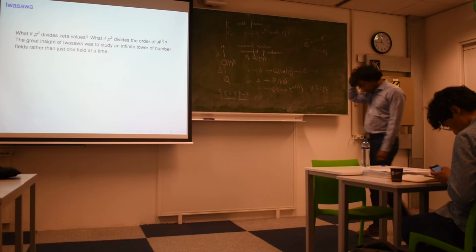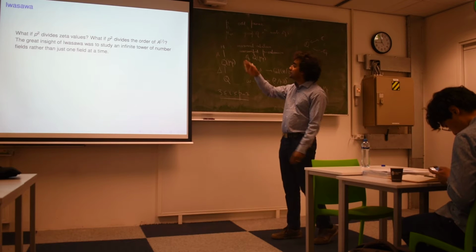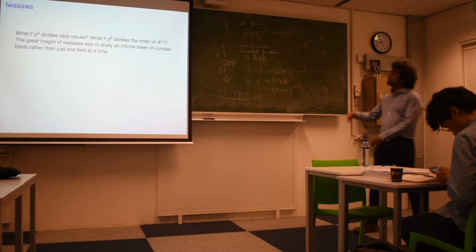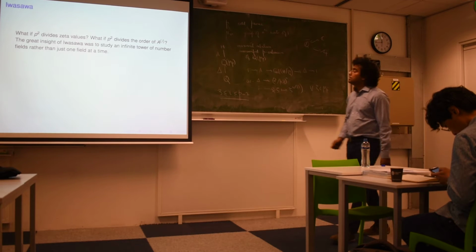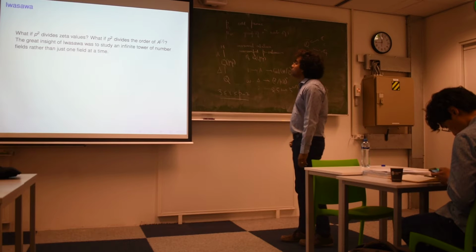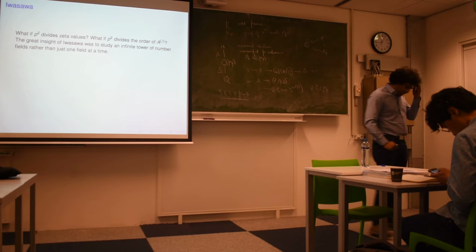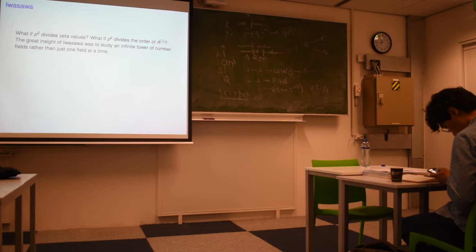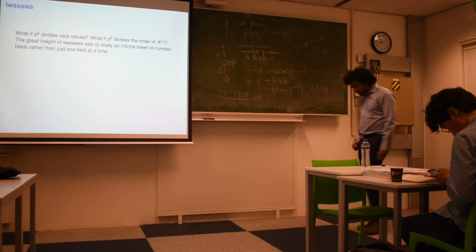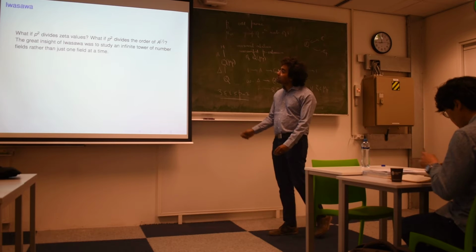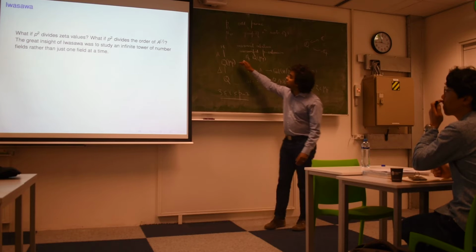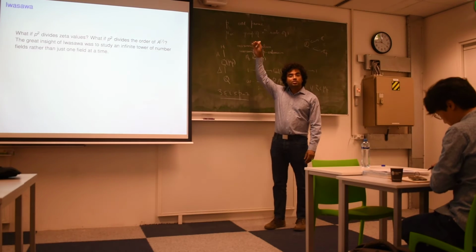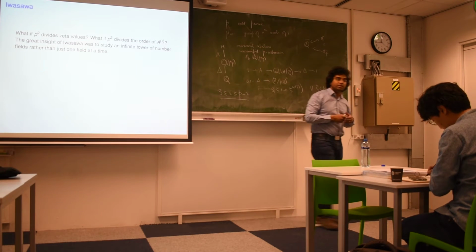So you can ask, what happens if p squared divides the zeta values, or higher powers of p divide the zeta values, or higher powers of p divide the order of these components. You can try to do this in the style of Ribet and Herbrand for a while, but then it becomes very cumbersome. So the great insight of Iwasawa was that instead of studying one field at a time, it's much nicer to study a whole tower of fields.